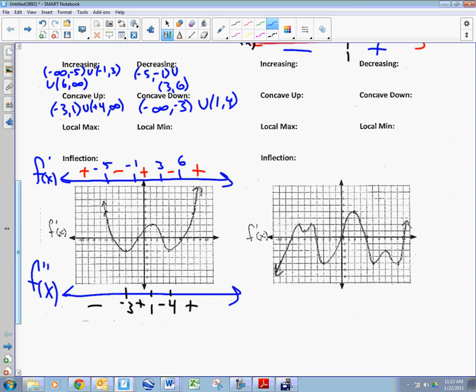Yes, because the second derivative is positive between -3 and 1, it is concave up. Okay, local max.